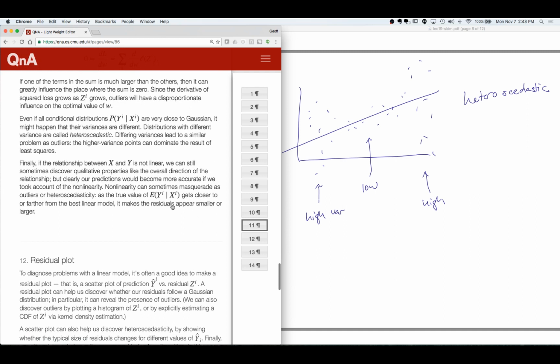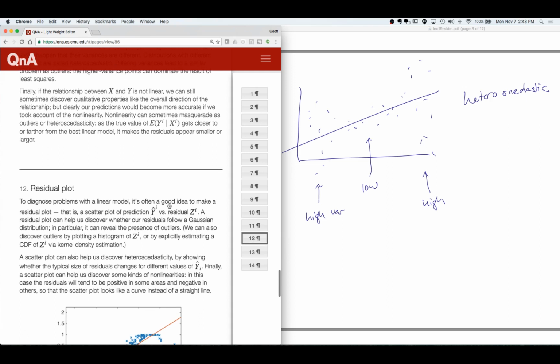It's useful to know that nonlinearity can sometimes look like heteroscedasticity, because the true expected value of y given x could get closer to or farther from the best linear model, and when it's close, the residuals look smaller, and when it's far, the residuals look larger.